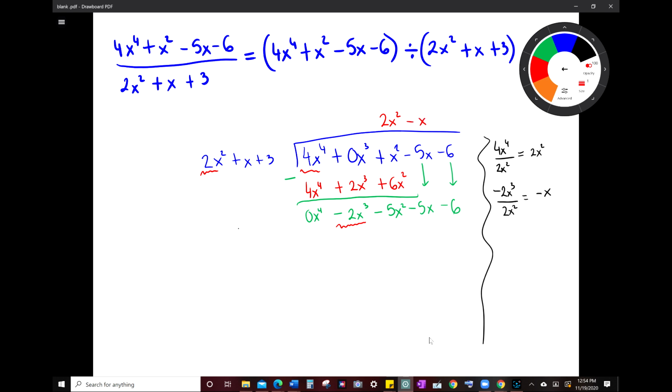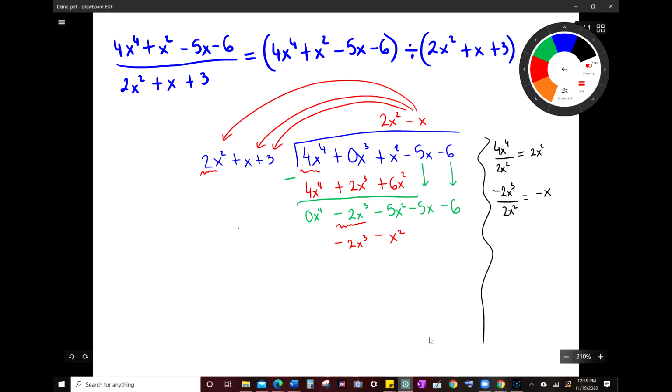And now I do the same. Take negative x times 2x squared, it gives me negative 2x cubed, and keep going. Negative x times x gives me negative x squared, and then negative x times 3 gives me negative 3x.